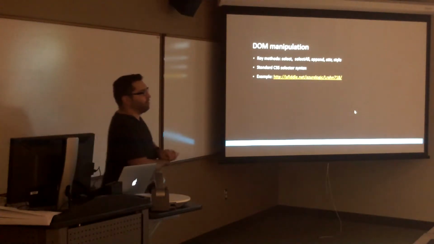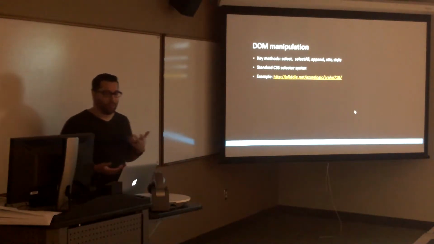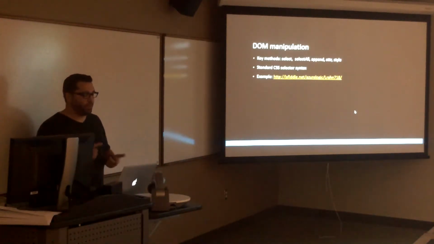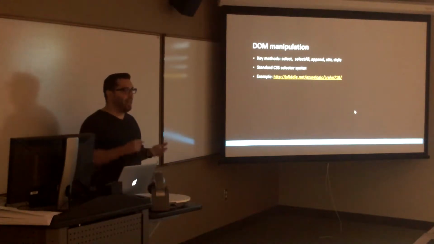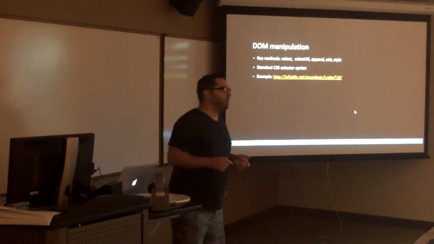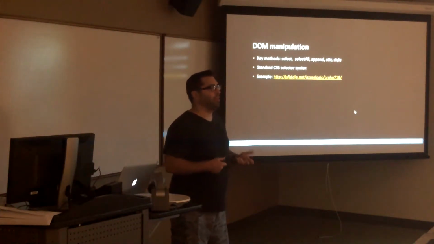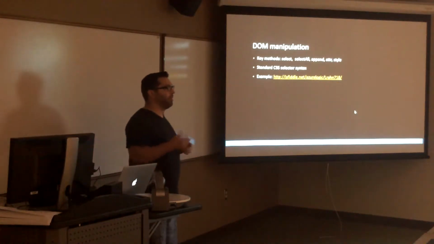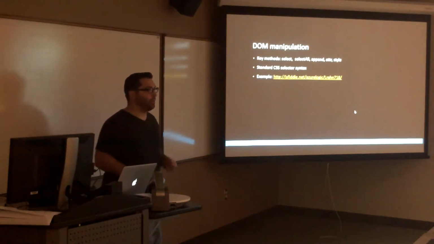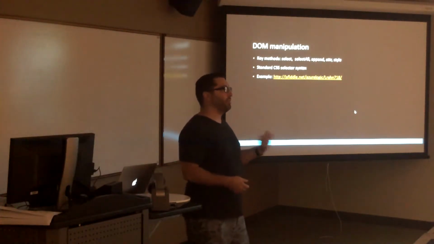So, DOM manipulation. There are 5 key methods with DOM manipulation that we're going to talk about tonight: select, selectAll, append, attr, and style. Select, selectAll, and append are things you're very used to from selecting and manipulating elements in jQuery. Select is select the first one of these with a particular selector.